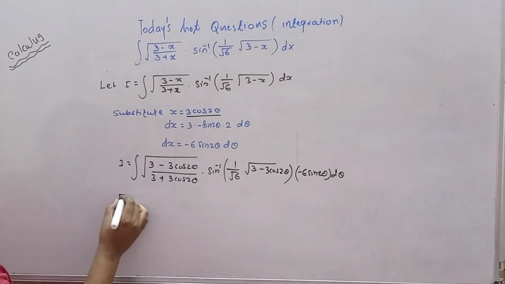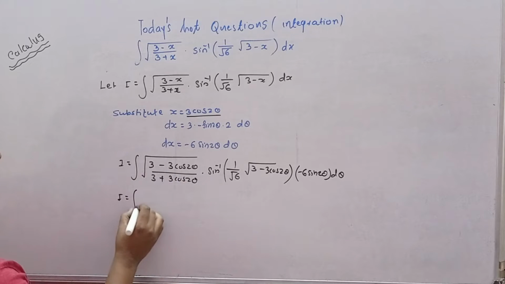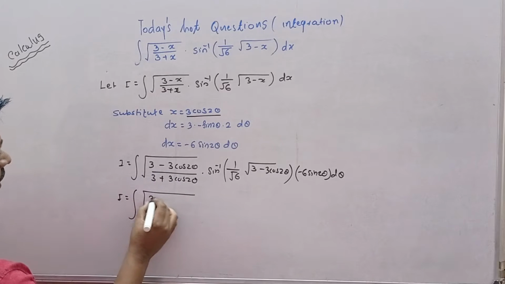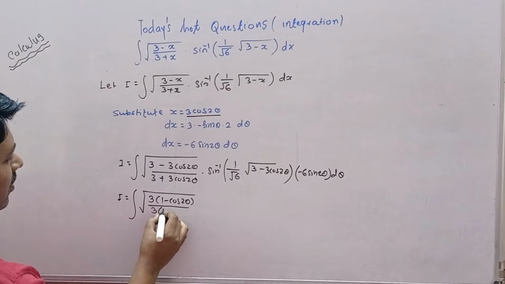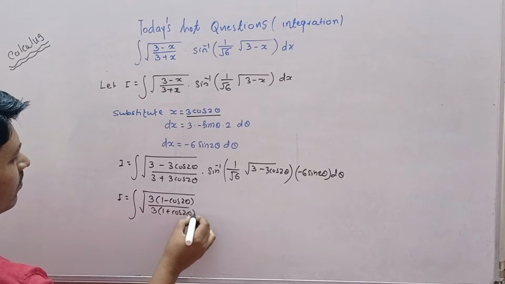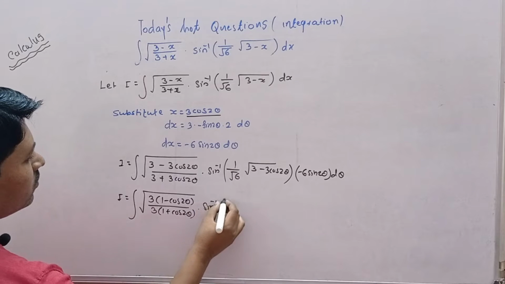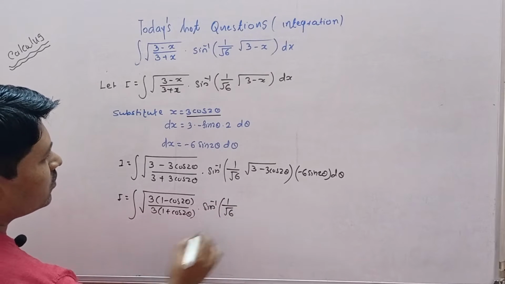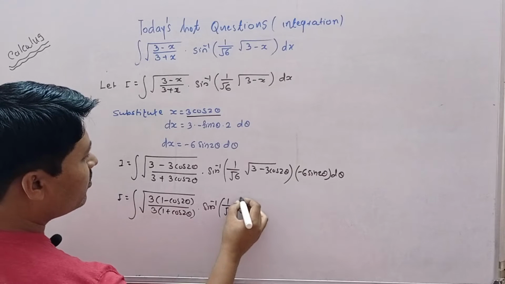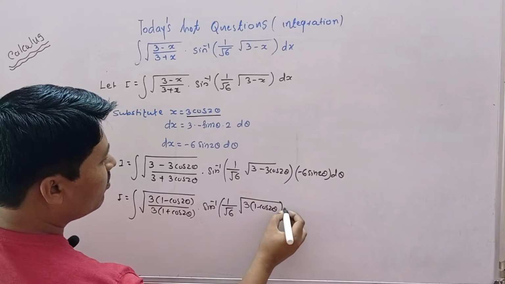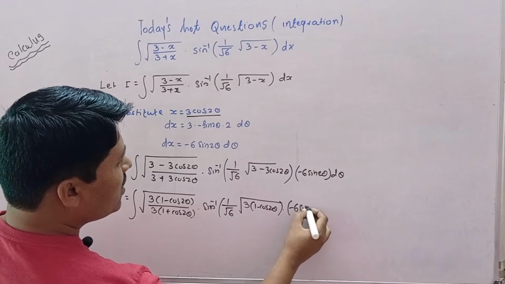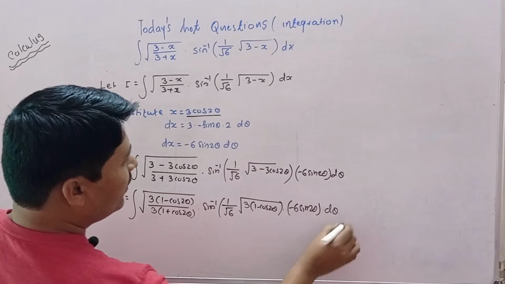Here we observe 3 is common, so we can write 3 into (1 minus cos 2 theta) divided by 3 into (1 plus cos 2 theta), into sine inverse of 1 upon root 6, root of 3 into (1 minus cos 2 theta), bracket complete, into minus 6 sine 2 theta d theta.